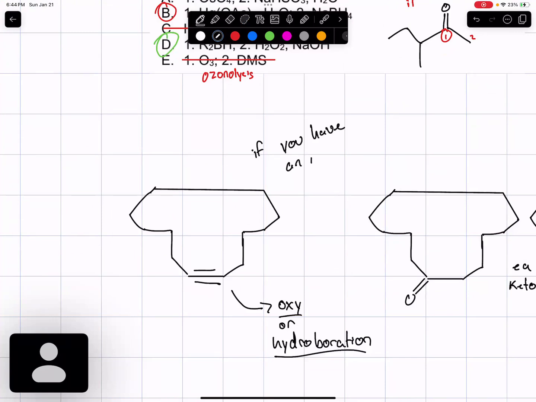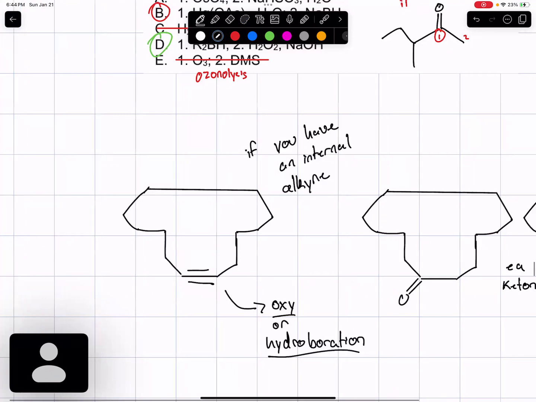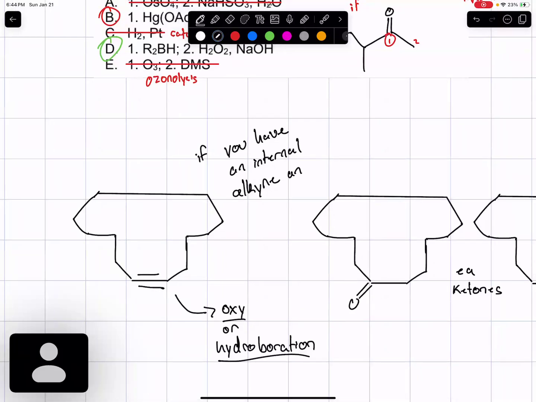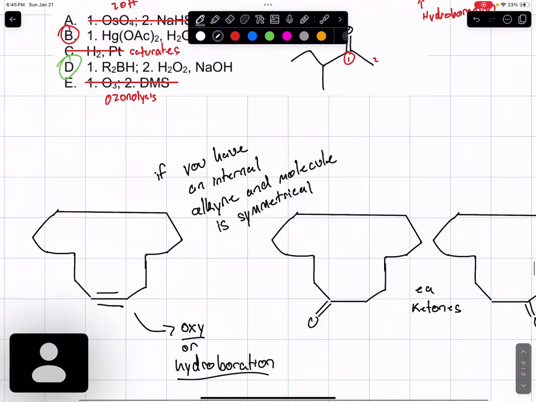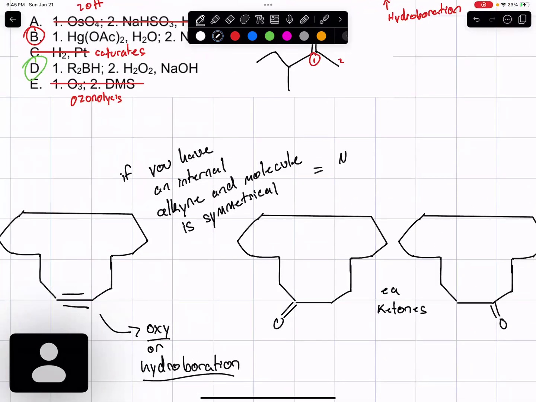The point with something like this is that if you have an internal alkyne and the molecule is symmetrical, this means that there is no regioselective preference.